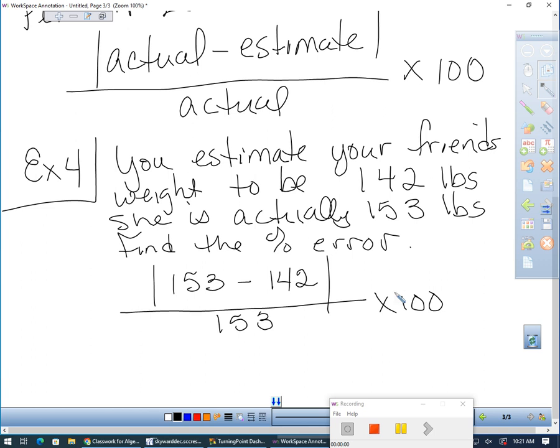So first of all, we have 11, right? 153 minus 142 is 11. 11 divided by 153 is 0.0718. So that means when I times by 100, I get 7.2% error.